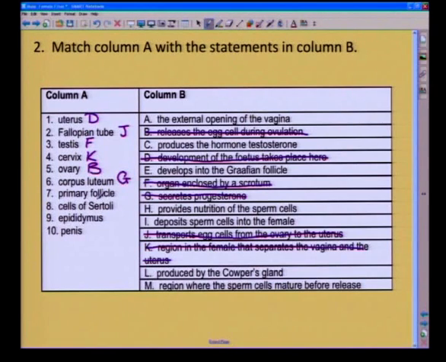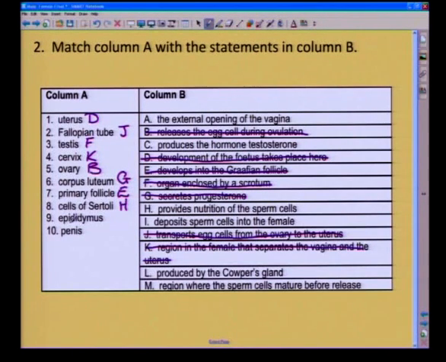It develops into the Graafian follicle. This would have been another problem for you because we haven't done this section of work, but they've incorporated it here as one question. Then our cells of Sertoli, right next to it. They provide the nutrition for the sperm cells, and we've covered this today, so there we go.